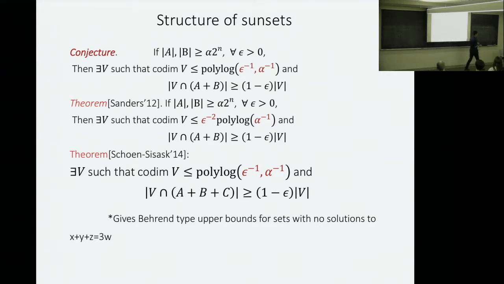So it seems that really the structure of A plus A, or this conjecture, would give a better understanding of Bourgain-type upper bounds for just Roth's theorem.